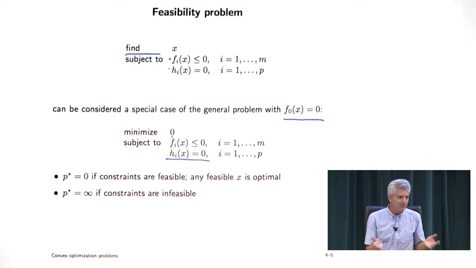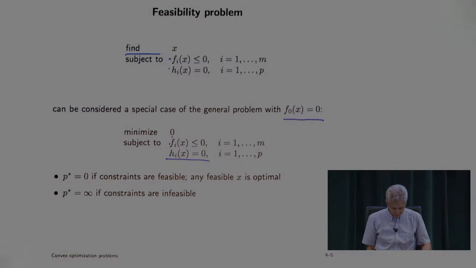So any point that's feasible is optimal. And the converse is very simple. If this is infeasible, it says that there's no point that satisfies all the constraints, right? Therefore, the optimal value of this is defined to be the infimum of the function which always returns 0 over the empty set. And that happens to be plus infinity by convention. I mean, it looks strange, but it actually all just works fine.